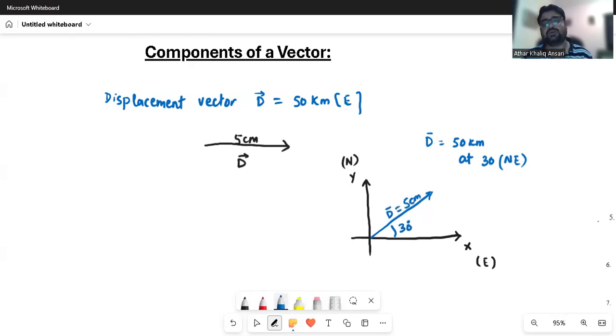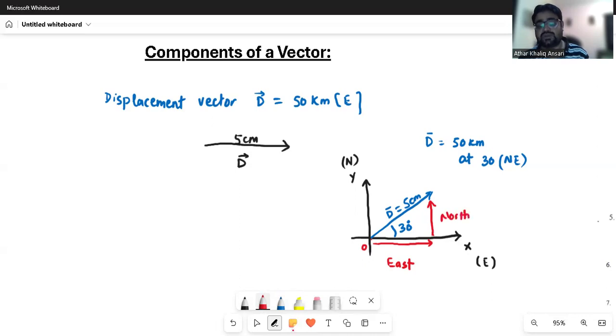But now whenever we have any vector inside the plane, you can see that to reach from the starting point to the end point, if you start from the origin, you go to the east somehow, and then you move from this point to this point to the north. So this is the eastward displacement, and this is the northward displacement.